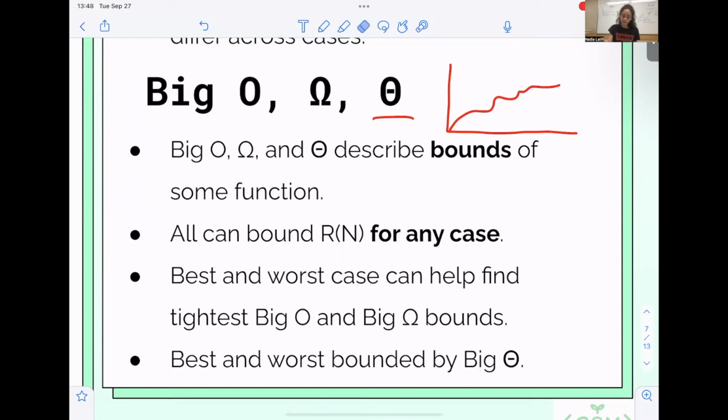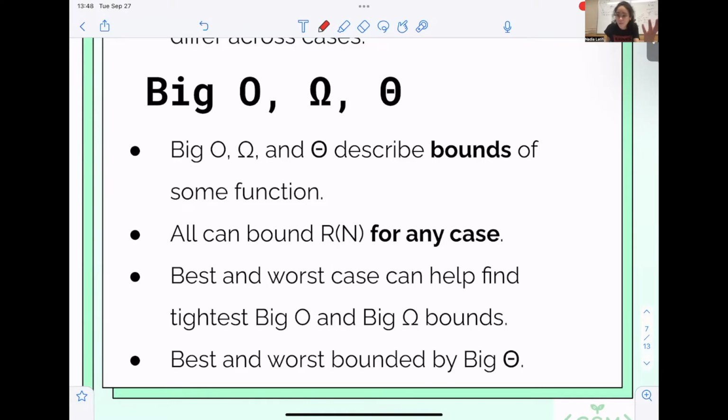So the best and the worst case are helpful when you're trying to find the tightest big O and the tightest big omega bounds for an algorithm, but that doesn't mean that they're exactly the same as big O and big omega, okay? In fact, best and worst case are bounded by big theta, because whenever I have a specific case where I'm receiving a specific type of input, I'm always going to end up with the same runtime, right?